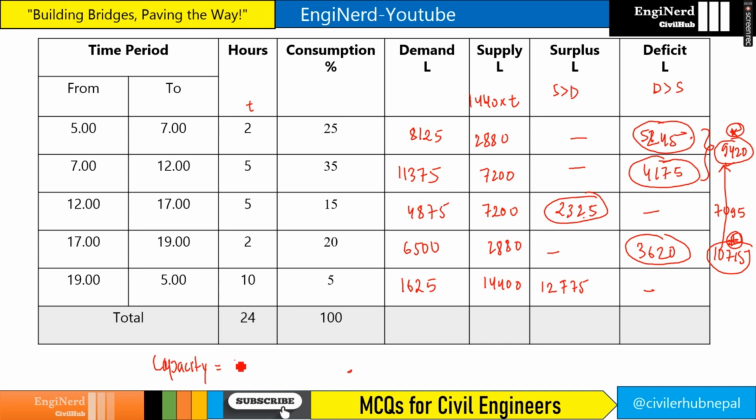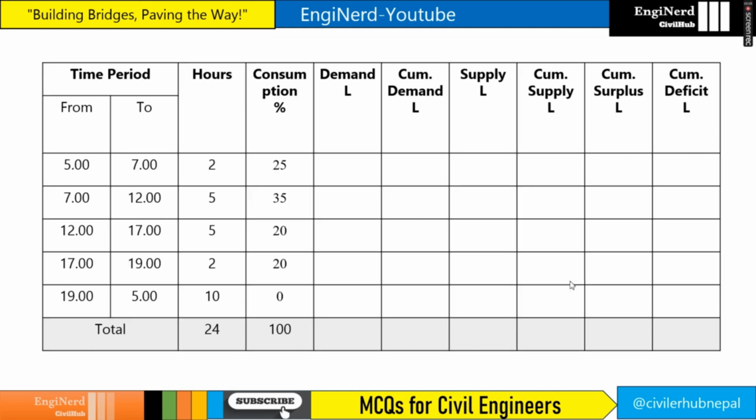So our answer will be 5245 plus 4175 minus 2325 plus 3620. Now let's do 5245 plus 4175 minus 2325 plus 3620. It will be 10715 liter, right?